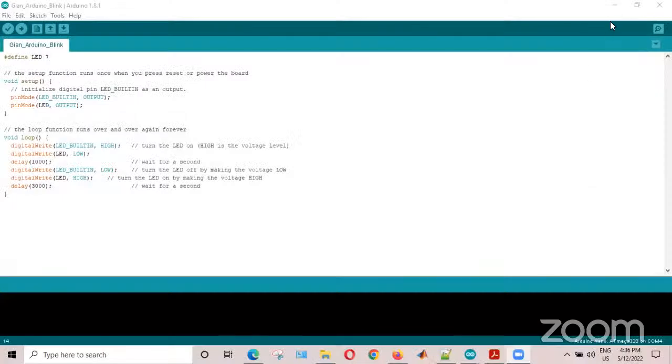Siddharth, you can share the screen. It is already allowed to you. All the participants are allowed to share it. Siddharth, are you audible?